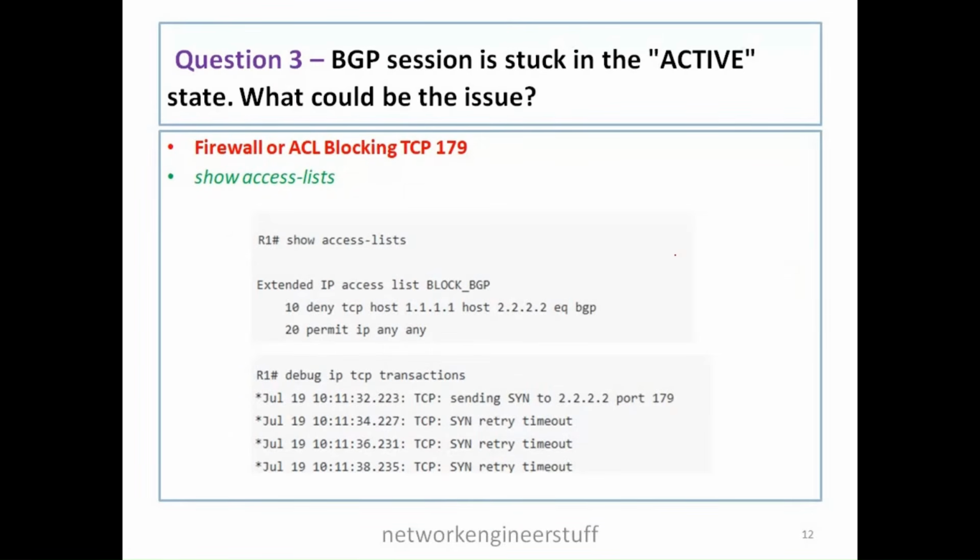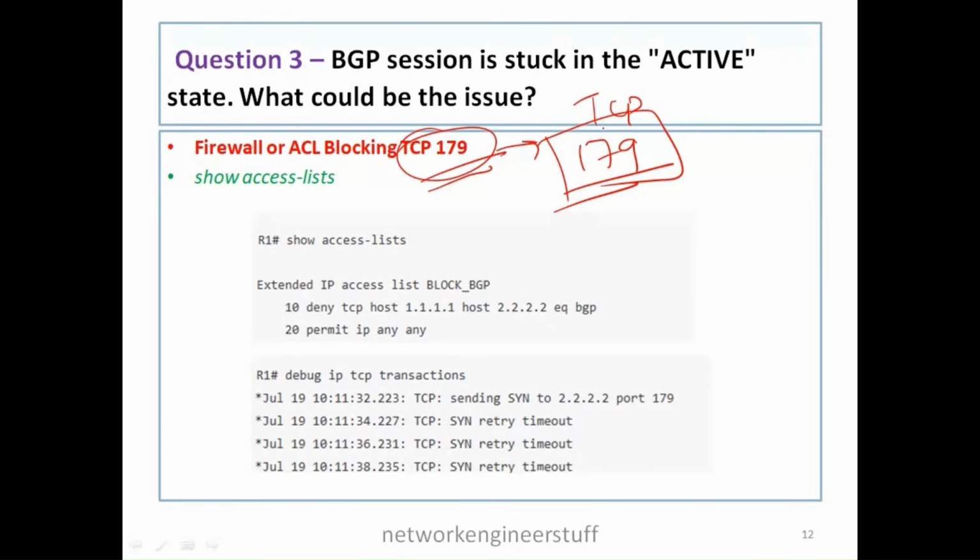The other reason will be, I'll say, a firewall or an ACL blocking TCP port number 179. Now guys, most of you will be aware that BGP uses TCP port number 179. Again, this is a separate interview question, but not an advanced level interview question. But yeah, guys, you must be aware that BGP uses TCP port number 179.